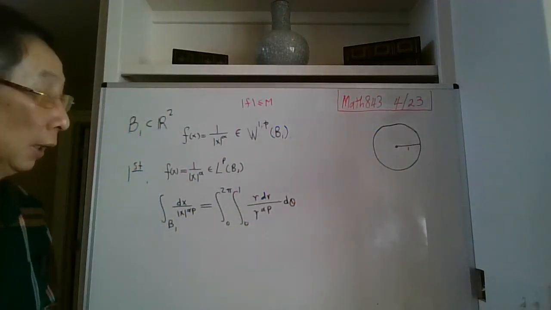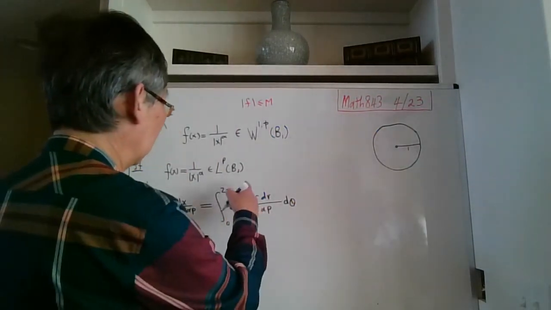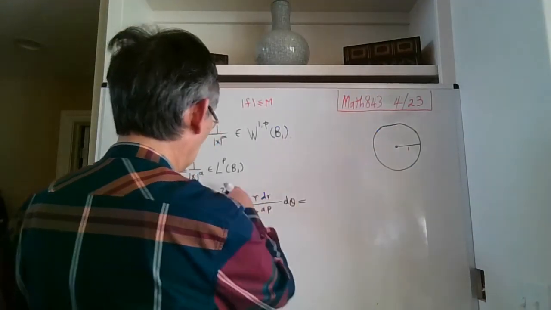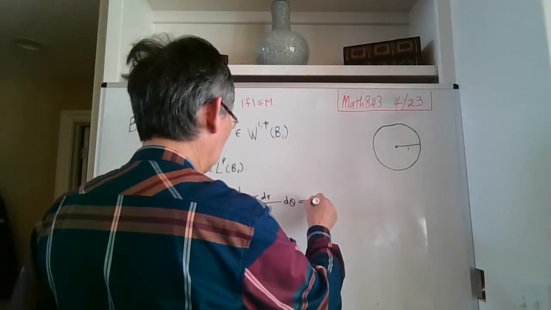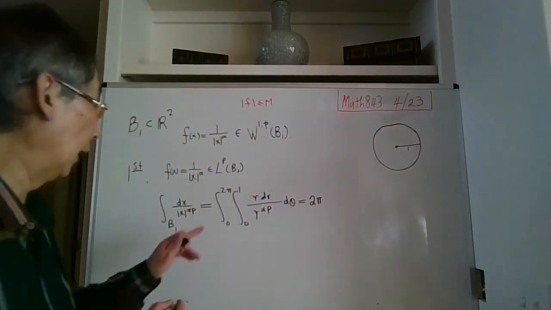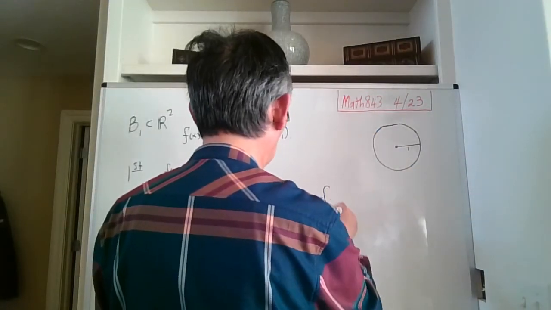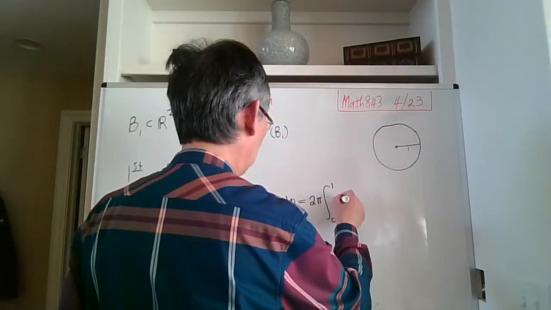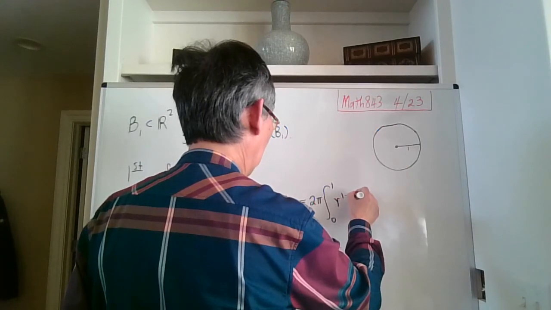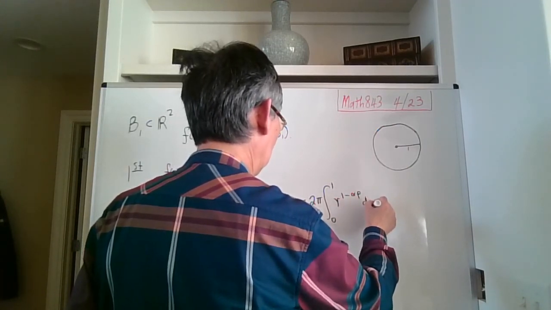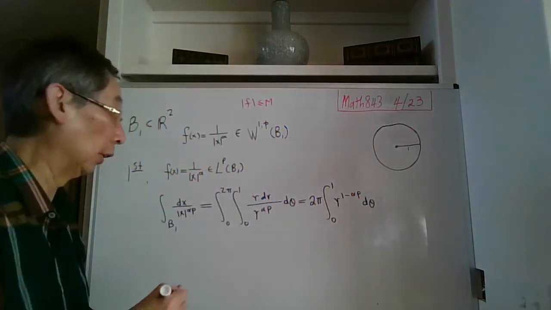This function is independent of theta, so the outside integration is basically a multiplication by 2 pi, and then the integration from 0 to 1 of r^(1 - alpha p) dr.